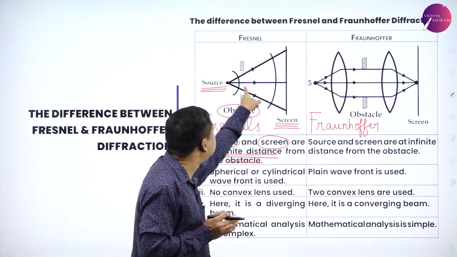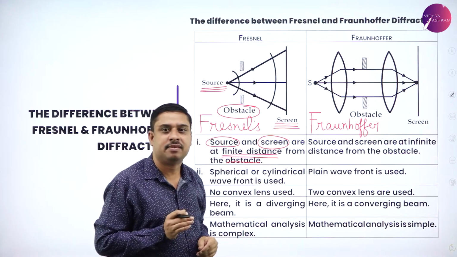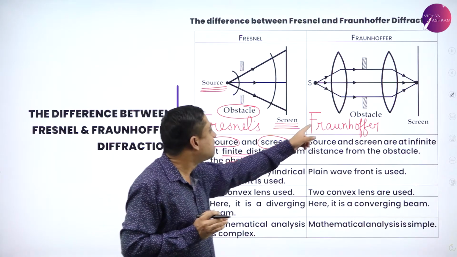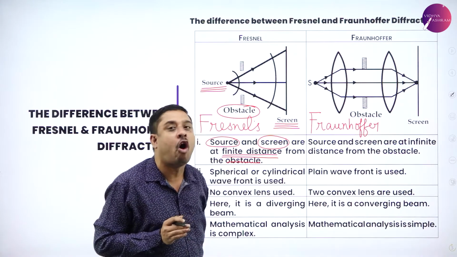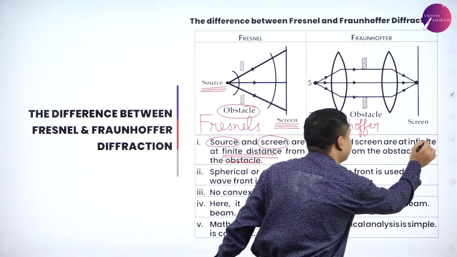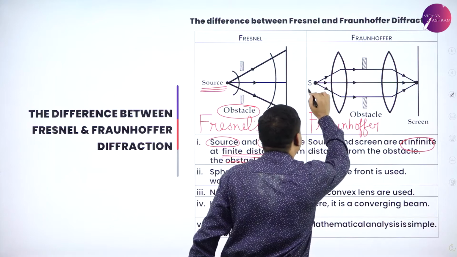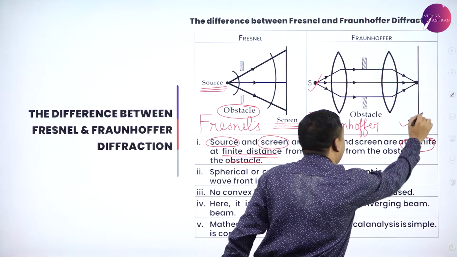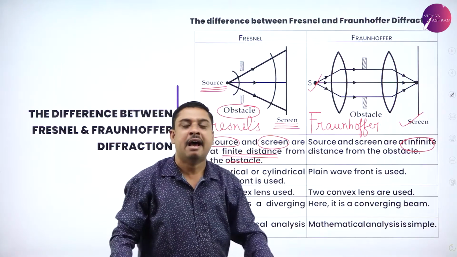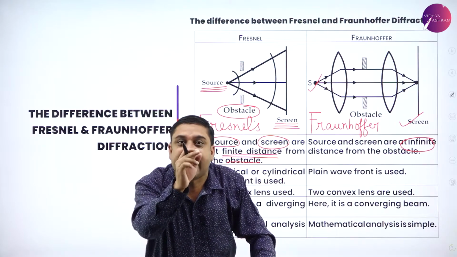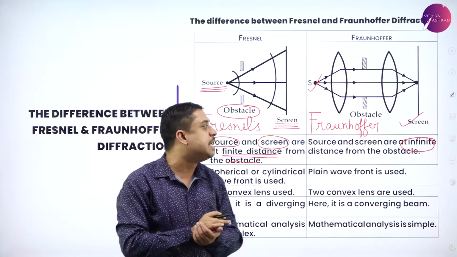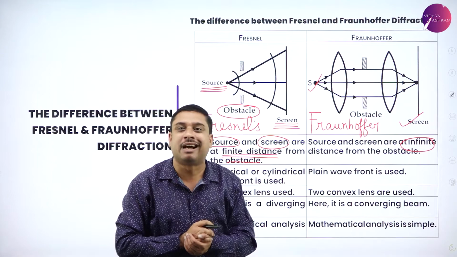At the edges, light bends. Whereas in Fraunhofer diffraction, the source and the screen are at infinite distance from the obstacle.